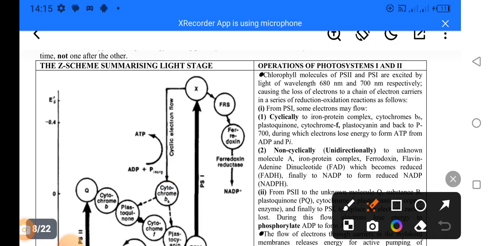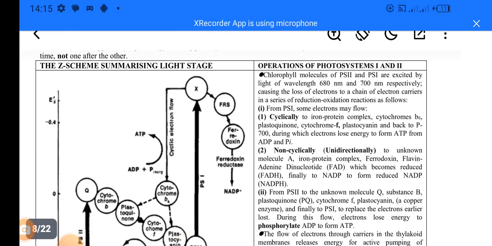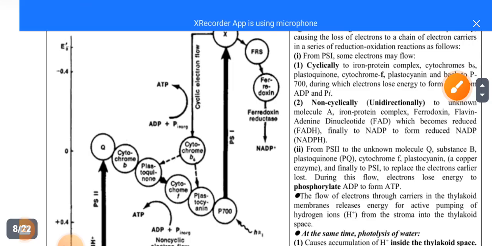Then to the plastoquinone, which is here. Then the cytochrome F, which is here. Then from the cytochrome F we can go to the plastocyanin, which is here, and finally back to P700, as you see there, during which electrons lose energy to form ATP from ADP and an inorganic phosphate.